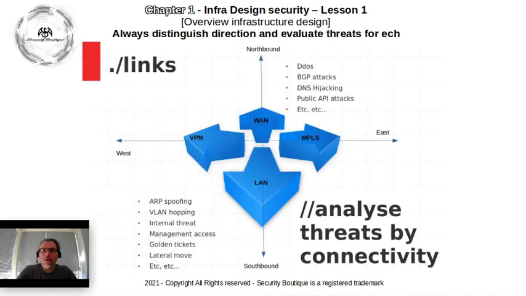But when you understand the blocks, you need to put them in perspective of direction. And so, northbound, southbound, east, west, you need to understand how it works. If an MPLS is carried through an SD-WAN, it is actually a completely different design than two trusted domains from the bottom, completely isolated.